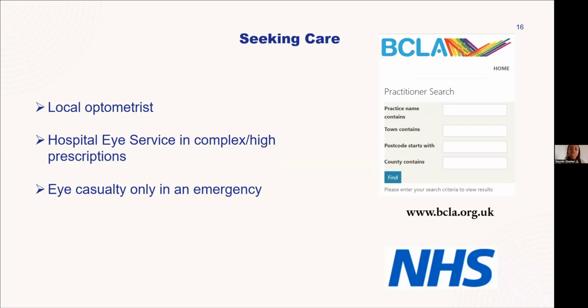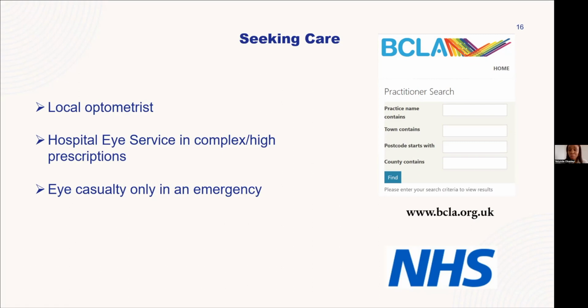So where to seek contact lens care? The first point of call is the local optometrist, because the majority of prescriptions and the majority of patients with Marfan syndrome can be fitted locally with the local optometrist. It's only the most complex prescriptions that need to be fitted in the hospital eye service. The best place to find a local practitioner is the BCLA website, the website of the British Contact Lens Association, where you can find a practitioner near you with a special interest in contact lenses.